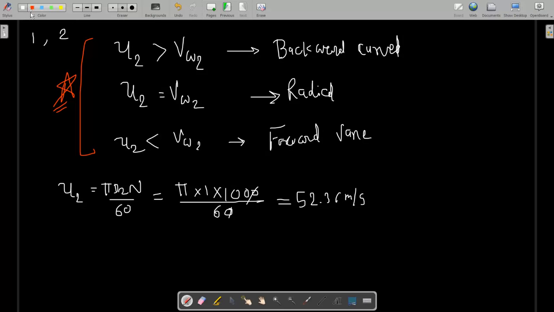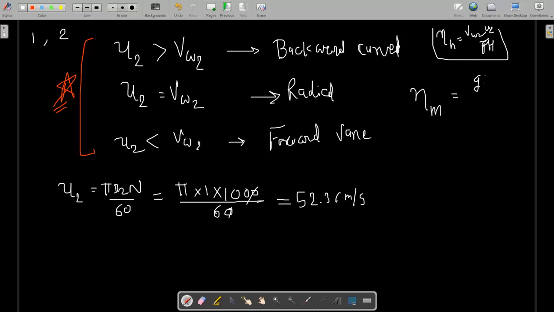Now how to find Vw2? For that, the equation of manometric efficiency is the inverse ratio of the equation that we used in the Francis turbine. In the Francis turbine we used the hydraulic efficiency equation, Vw2 u2 divided by gH. This was the equation in the Francis turbine. Just take the inverse of that.